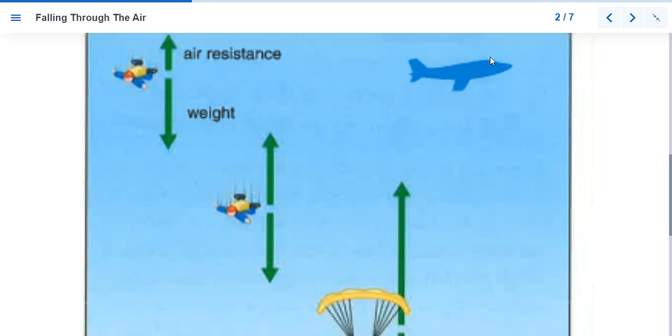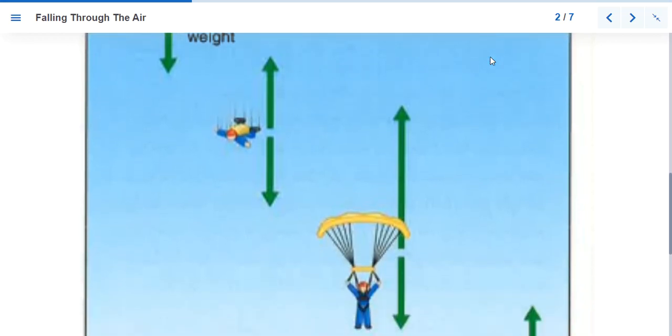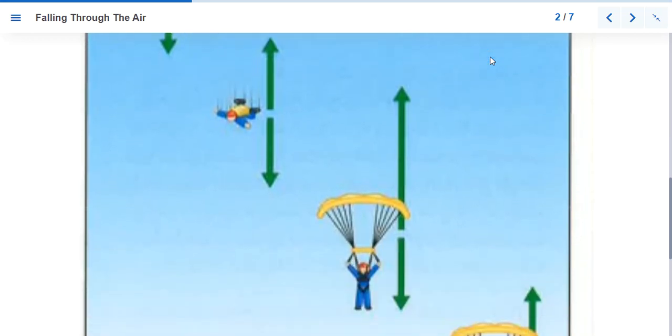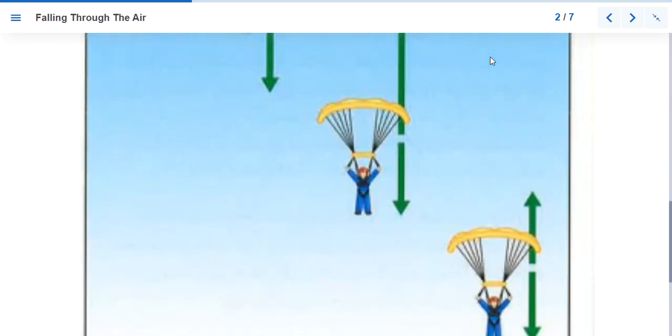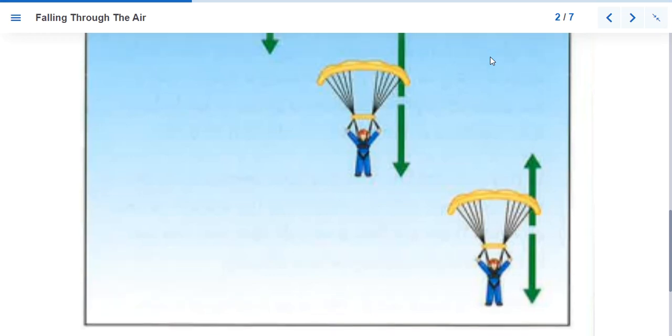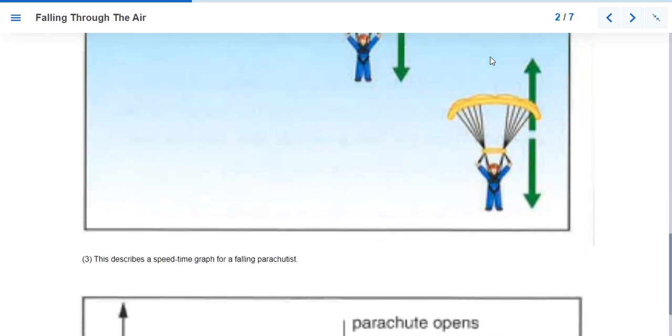But by the time the parachutist is about to reach the ground, the air resistance becomes greater than the weight. And by the time the parachute is released, the air resistance and the weight become equal before the parachutist lands. With this, we can then prepare a speed-time graph for a falling parachutist.